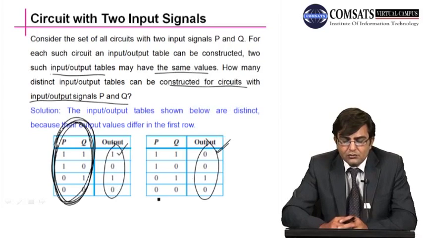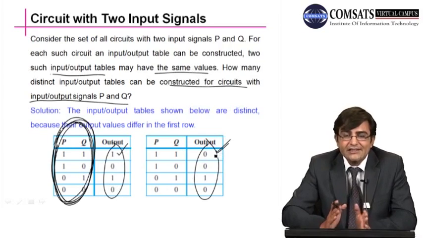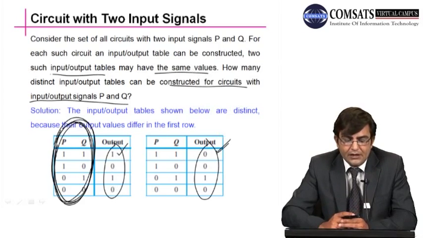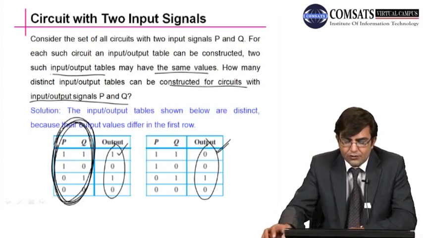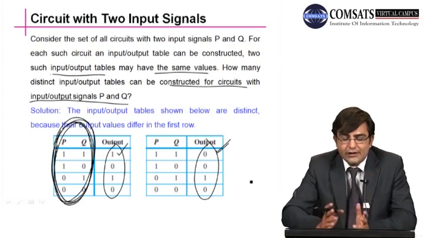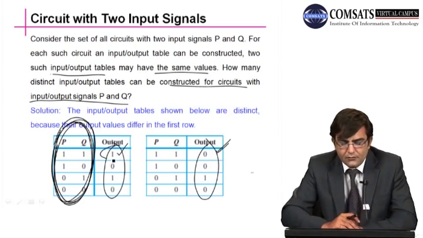So we have to find the number of possibilities in outcomes to find the distinct truth tables which can be constructed by using P and Q. At the first place of the output, how many possibilities are there? The output can be either 1 or 0, so there are two possibilities at the first place.